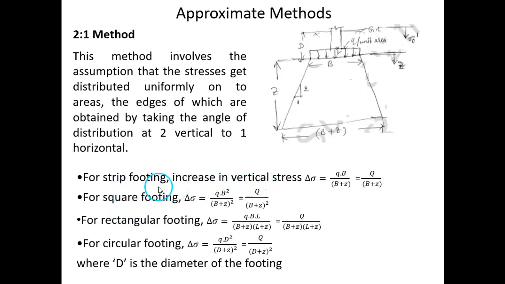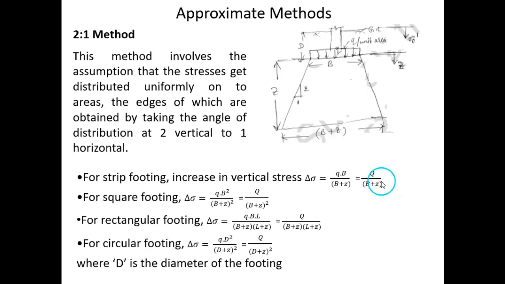If you take a strip footing, then the total load is Q and the width is b plus z. The other dimension we take as 1 meter because it is a strip footing; the other side dimension is taken per meter length.